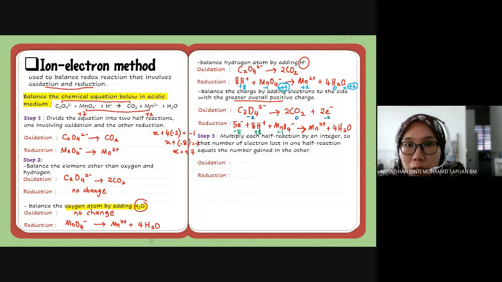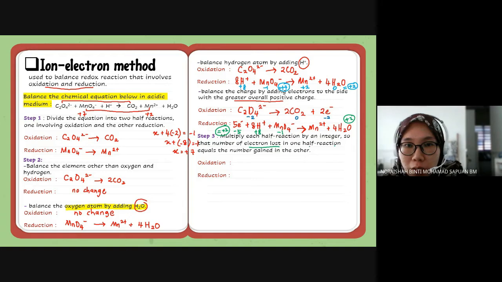Okay, semua ni charge negatif 1. So negatif 5 tambah 8 tambah negatif 1 equals to positif 2. So same with the right side. Okay, positive 2.